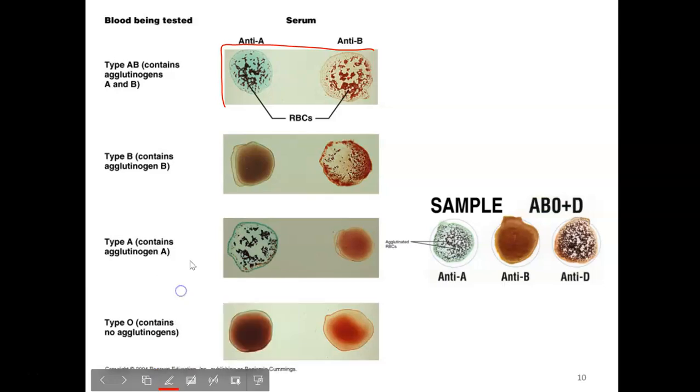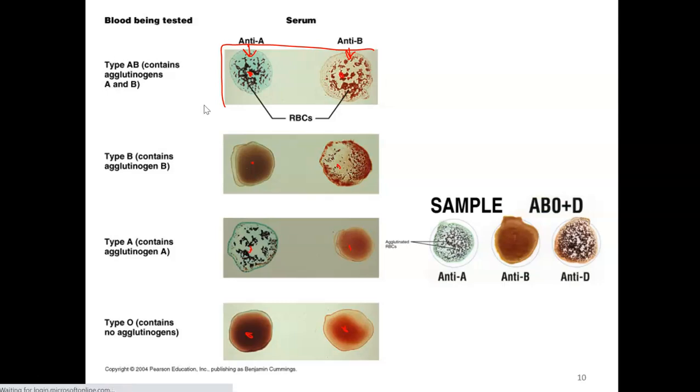Same thing for all four of these slides: we put a drop of blood on each one. And then we put this serum, which is basically just antibodies. So you're putting A antibodies in that first column and B antibodies in that second column.